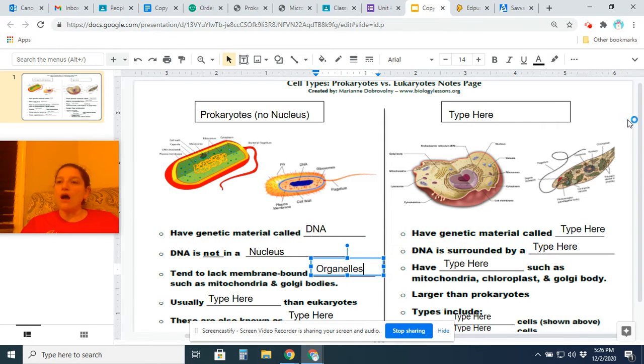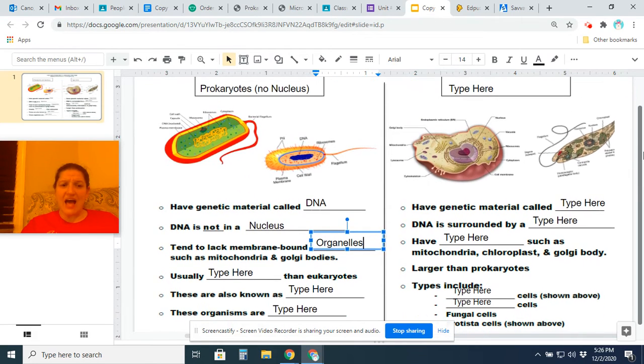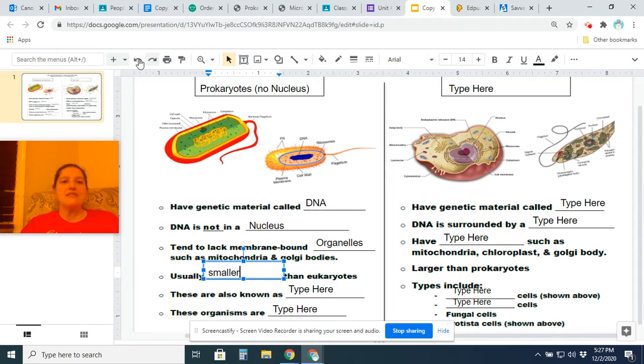So in terms of size, prokaryotes usually are much smaller than eukaryotic cells, which are the other type of cell we'll talk about in a minute. And this is important because prokaryotes are also bacteria. So why is that important? Consider you getting sick or somebody you love getting sick.